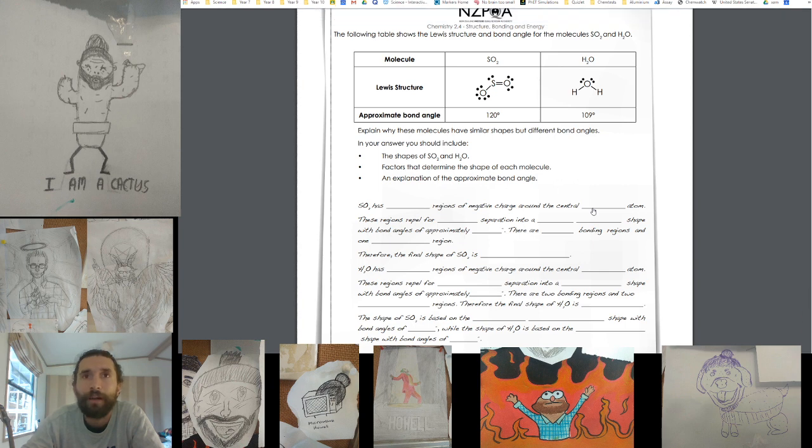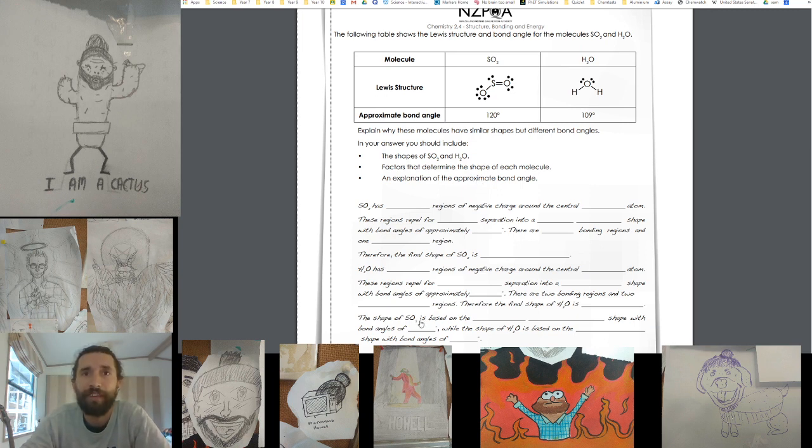H2O has 4 regions of negative charge around the central oxygen atom. These regions repel for maximum separation into a tetrahedral shape. So if there's 4, it's a tetrahedral shape with bond angles of 109 degrees. There are 2 bonding and 2 non-bonding regions. Therefore, the final shape of H2O is bent. And then the last bit, comparing the 2.